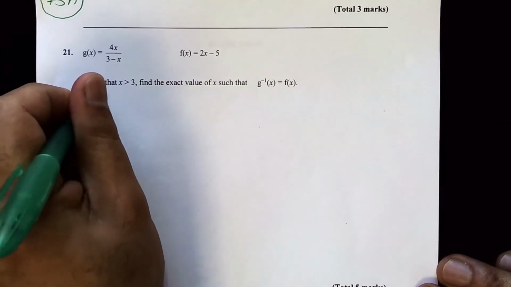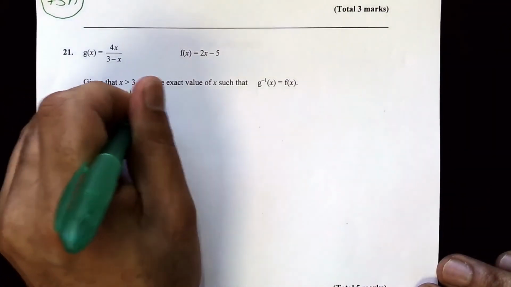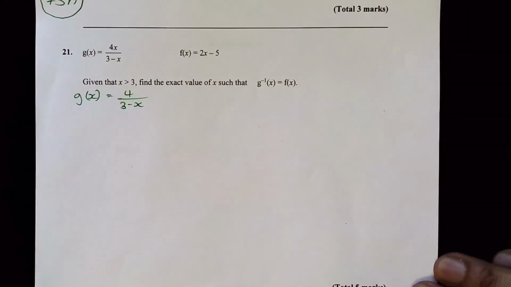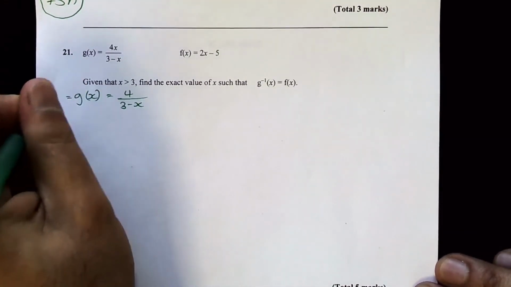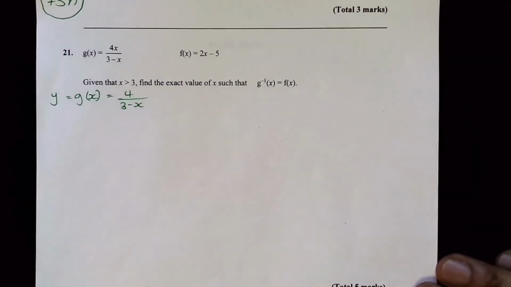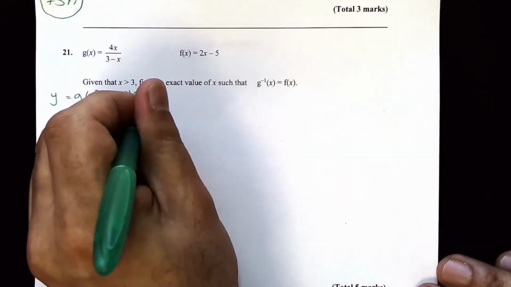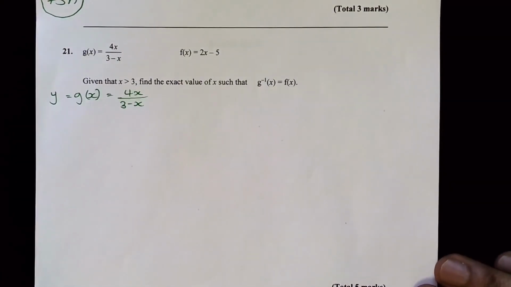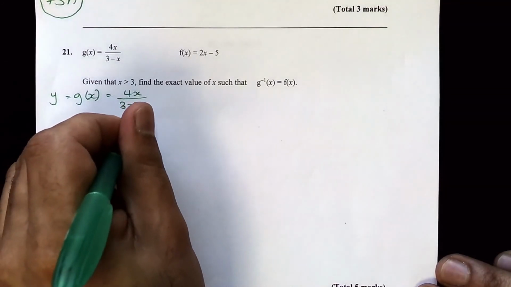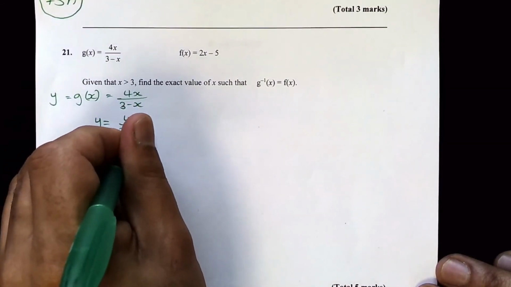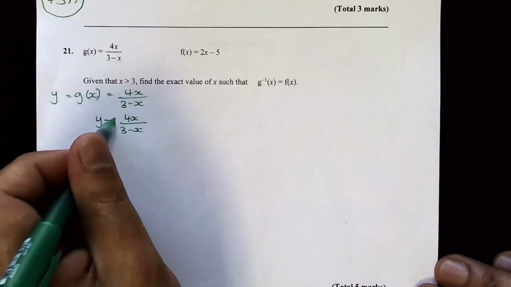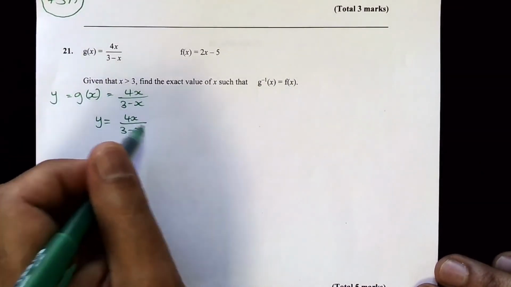g(x) is equal to 4x over 3 minus x. And I'm going to make that equal to y as well. So y is equal to 4x divided by 3 minus x. So I can write that underneath. For your inverse functions, the first step is to swap the letters over.